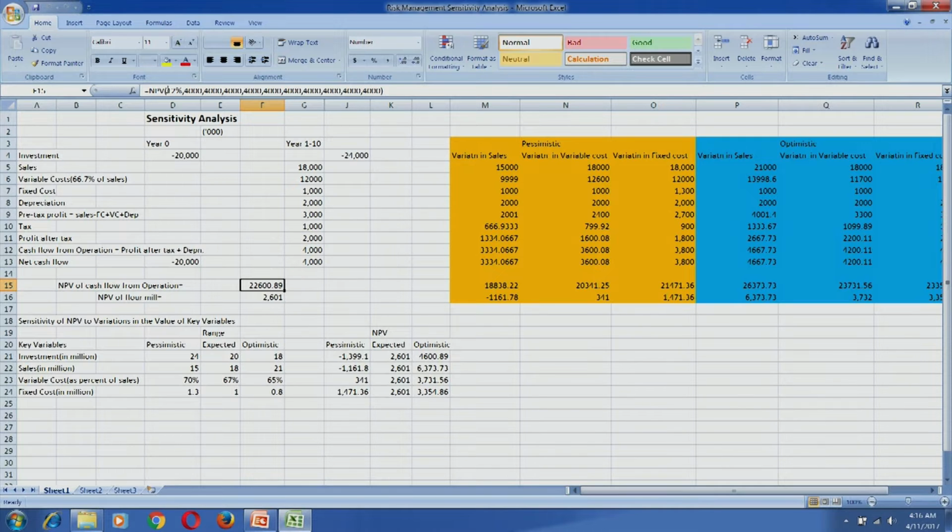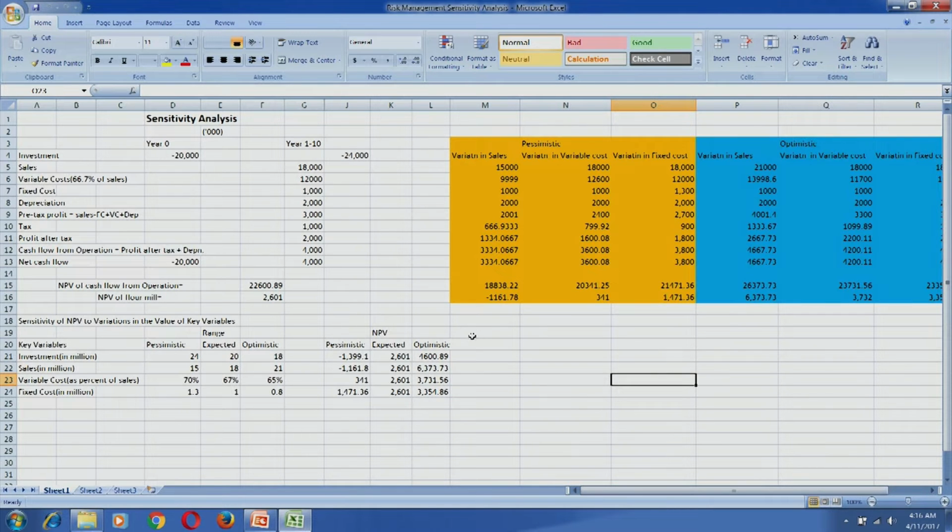For NPV you can just write a formula over here: equal to NPV 12% and this 4,000 10 times, right. So, you will get NPV in this way also, right, and NPV for our question is 2601, right.